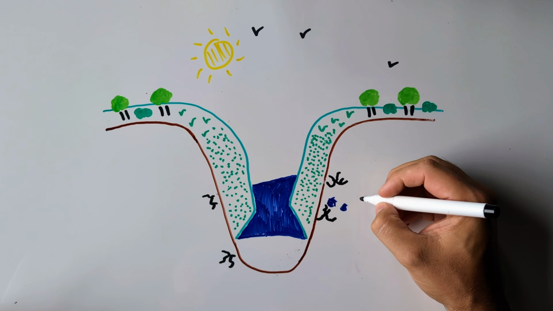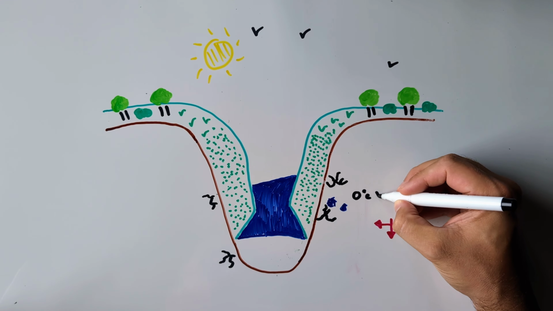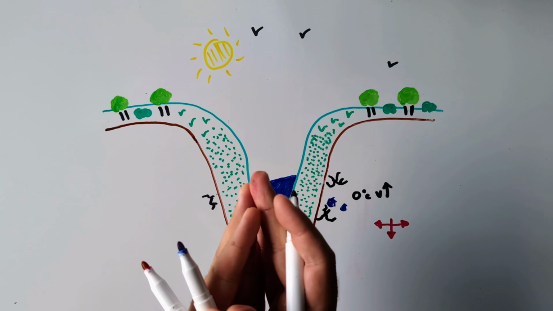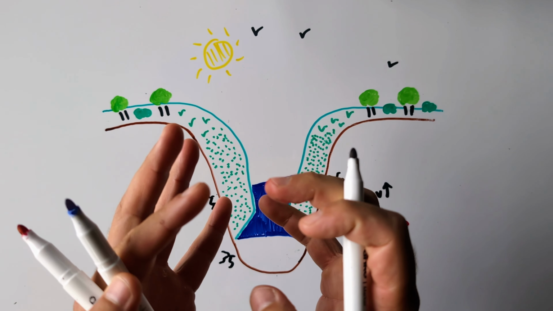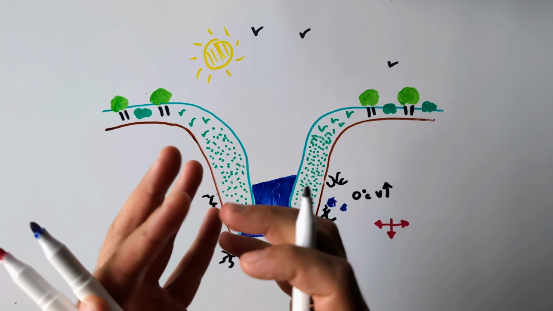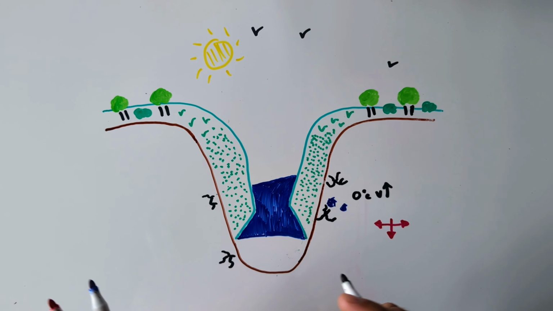Now, when it goes below 0 degrees, it's going to freeze and its volume is going to increase. So it goes in, it freezes, its volume expands, and then it thaws, melting, and then it happens again at night, repeatedly, until those cracks get bigger and bigger, causing erosion.